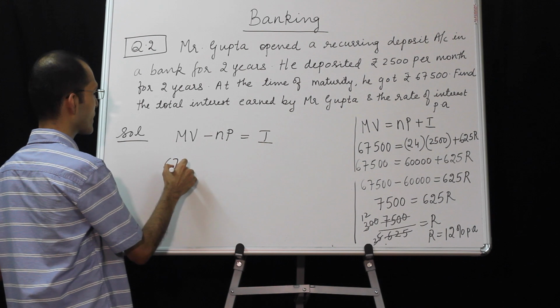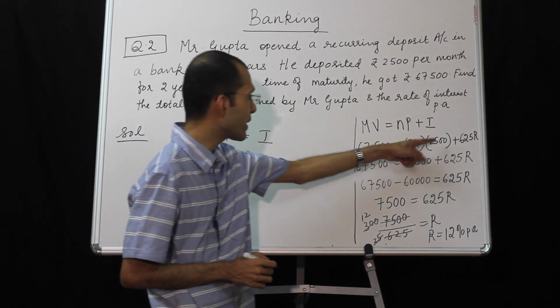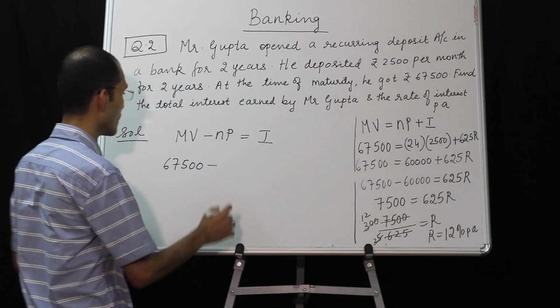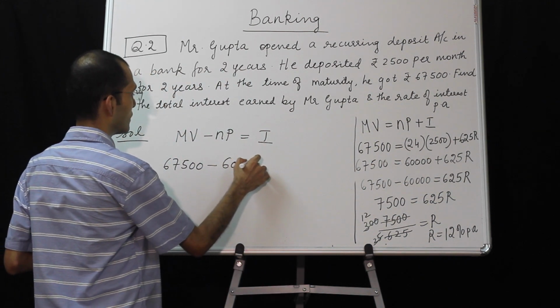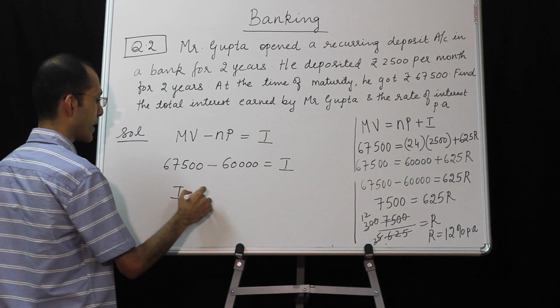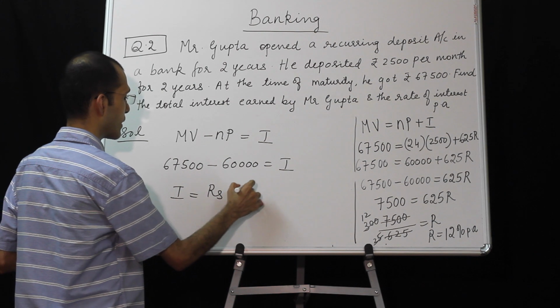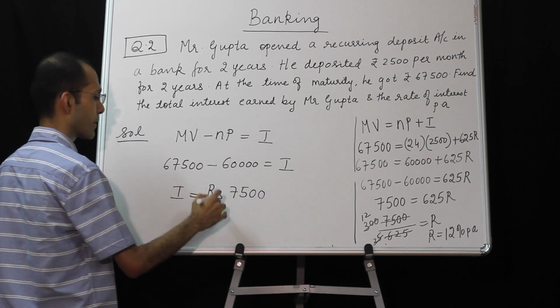In rupees you will get, maturity value was 67,500. NP calculated here, 60,000, is equaling I. So I will be naturally rupees 7,500.